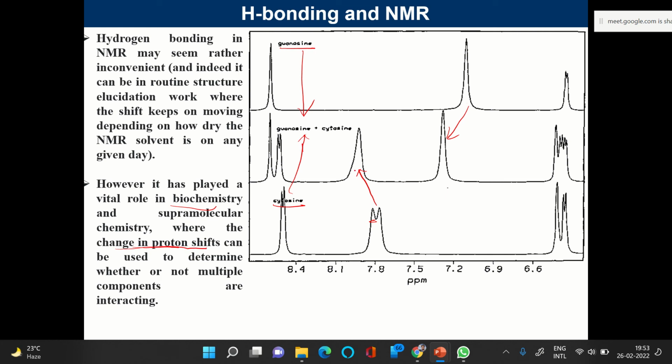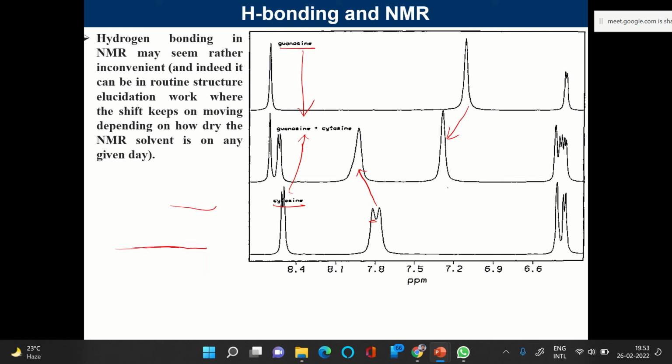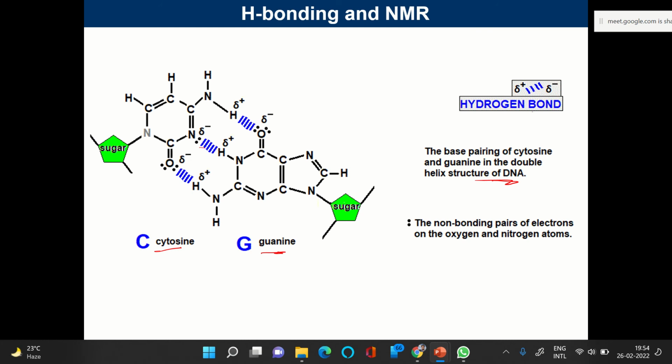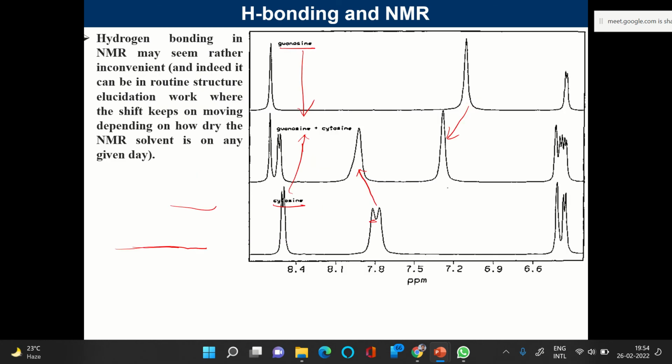I am talking about the NH protons, the base protons, rather than hydroxyl protons. These show a shift towards higher ppm values in the mixture when guanosine and cytosine are mixed, and a bit of broadening is also seen in each one of them. The full width at half maximum is increasing.